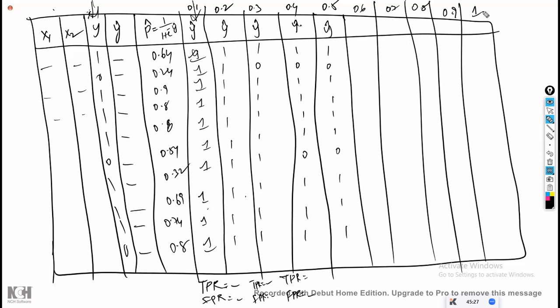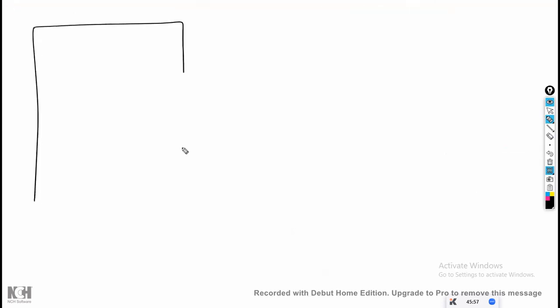Now, in total how many TPR and FPR values are you having with you? First one, second one, third one, fourth one, fifth one, sixth one, seventh one, eighth one, ninth one, 10th one. Total 10 are there. 10 TPRs are there, 10 FPRs are there. Right? So can I make a table like this, using my TPRs and FPRs?